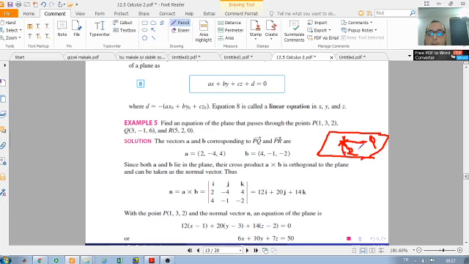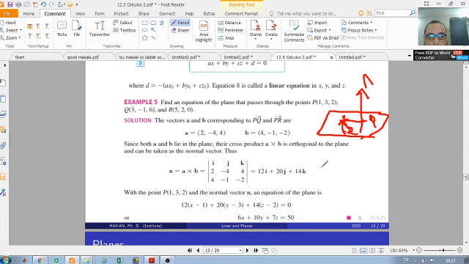If we take the cross product of them, we obtain a vector which is perpendicular to these vectors, which means we obtain the normal vector of the plane, because a vector perpendicular to them should be in the direction of the normal vector of the plane.